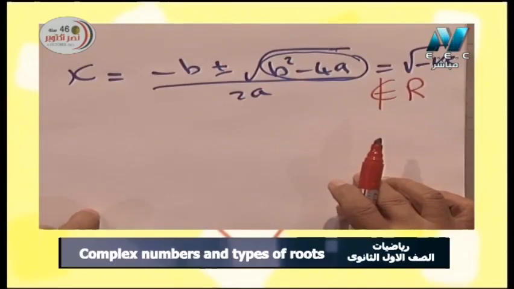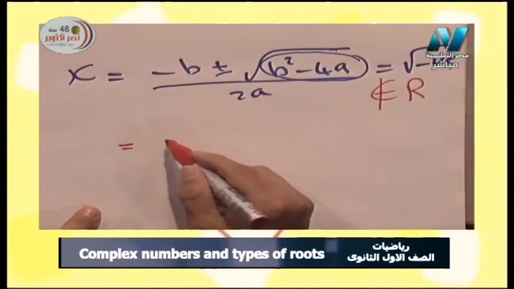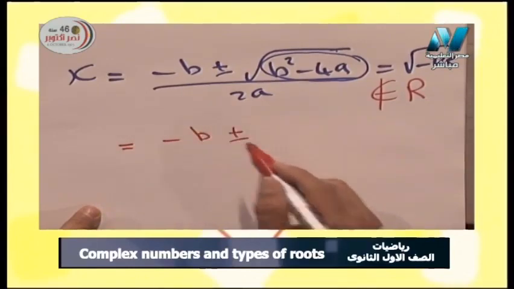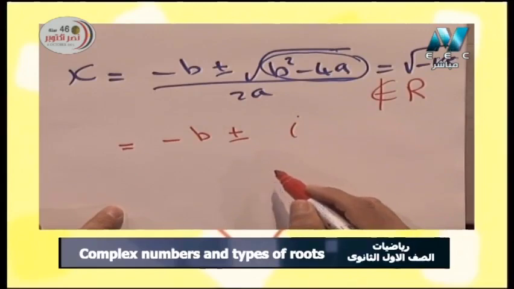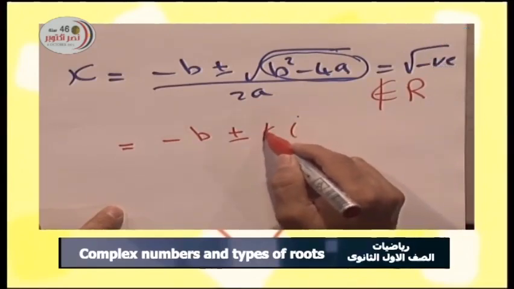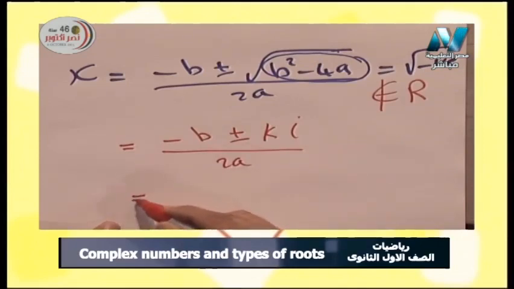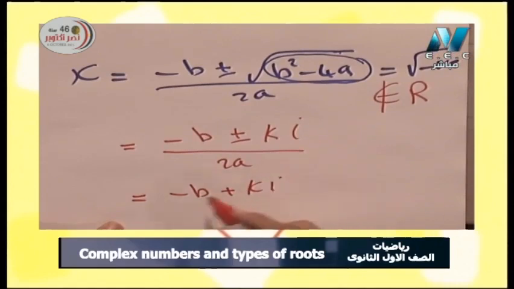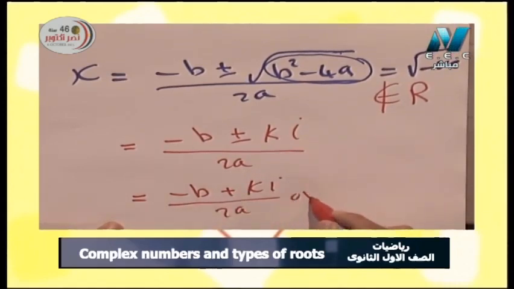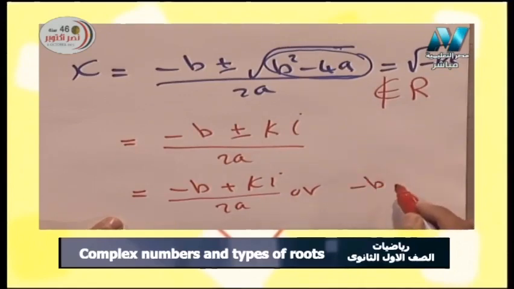But as mathematicians we invented a number called i, where i power 2 is negative 1. And this part will be negative b plus or minus something multiplied by i, say k, over 2a. So the answer will be negative b plus ki over 2a, or negative b minus ki over 2a.